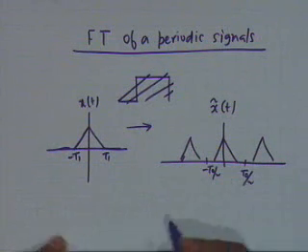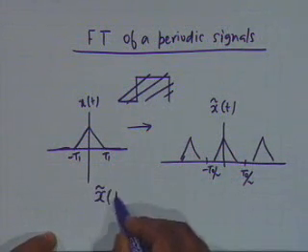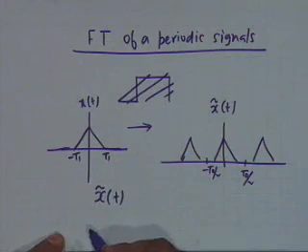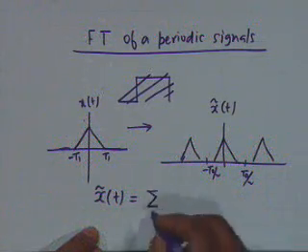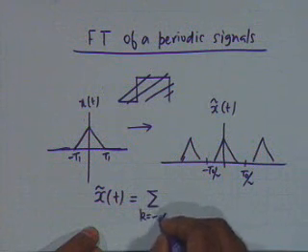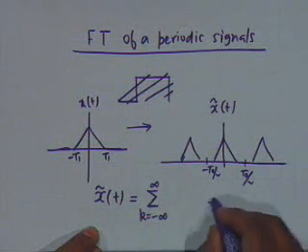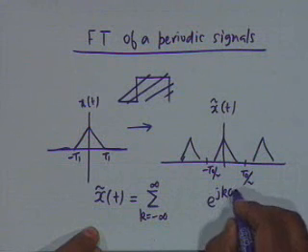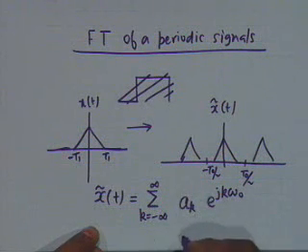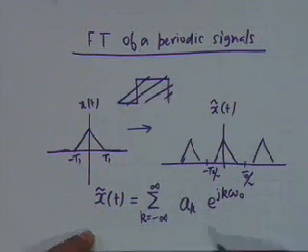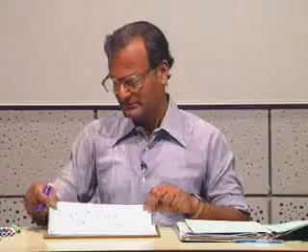And we said that x tilde of t, that is the periodic function, can be written as summation k equal to minus infinity to plus infinity of ak e to the power j k omega 0 t, where ak was equated to, what was ak?